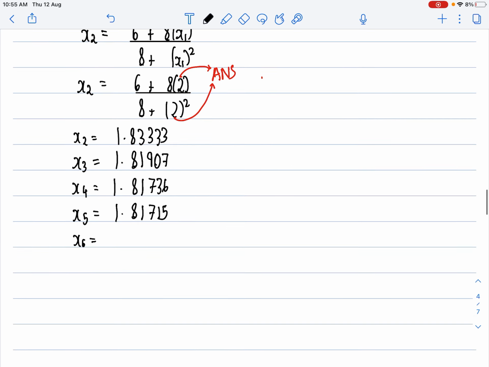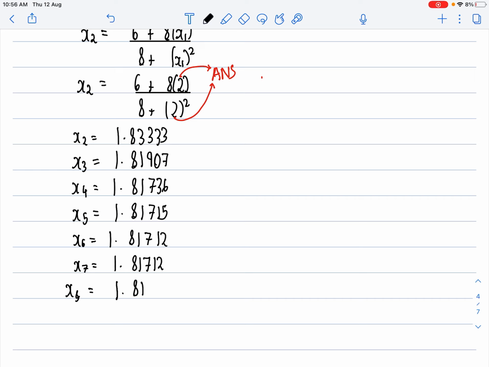x6 as 1.81712. x7 as 1.81712, and x8 as 1.81712.